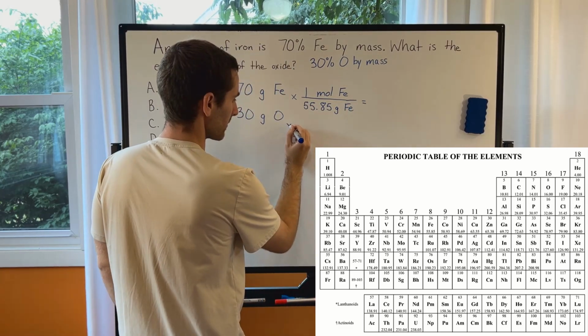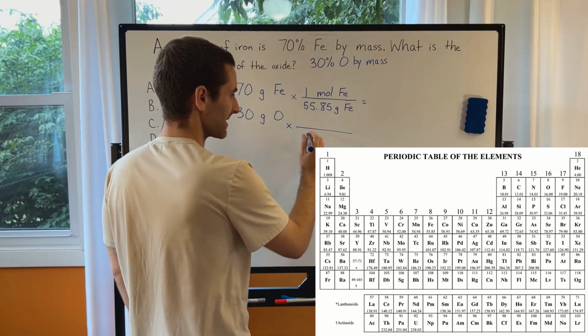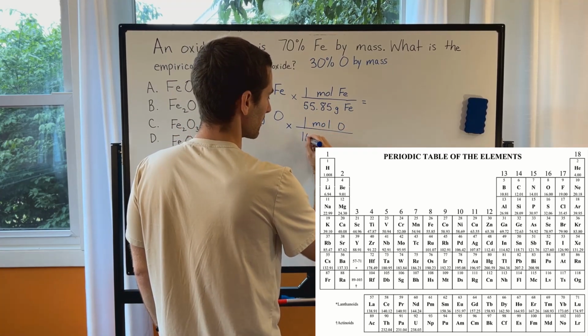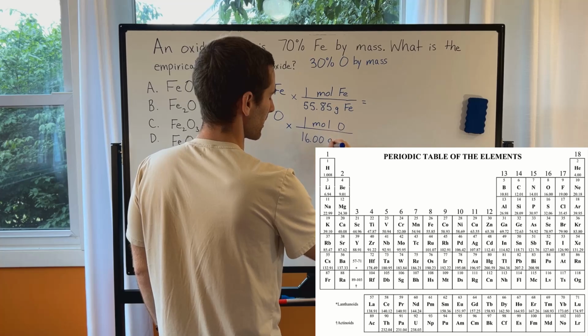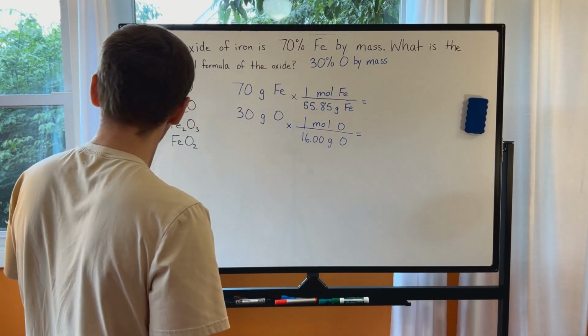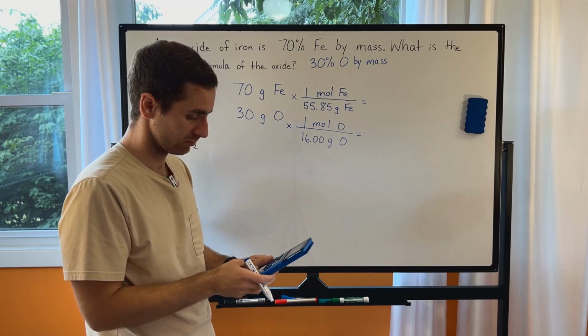And the molar mass of oxygen is 16, so 1 mole oxygen over 16 grams. Go ahead and do those calculations.